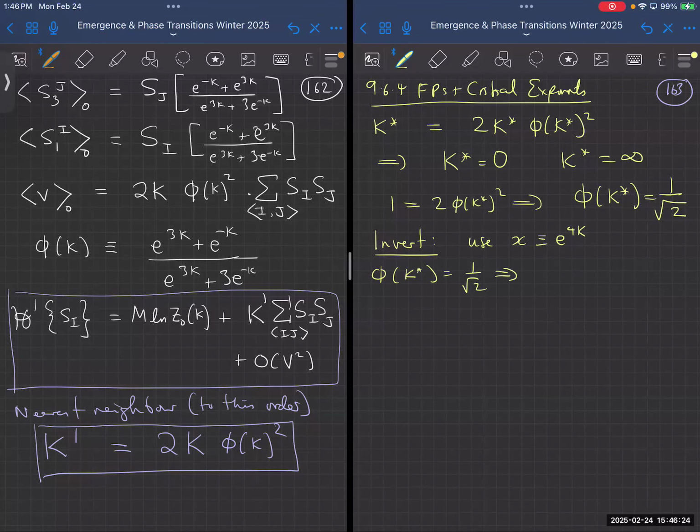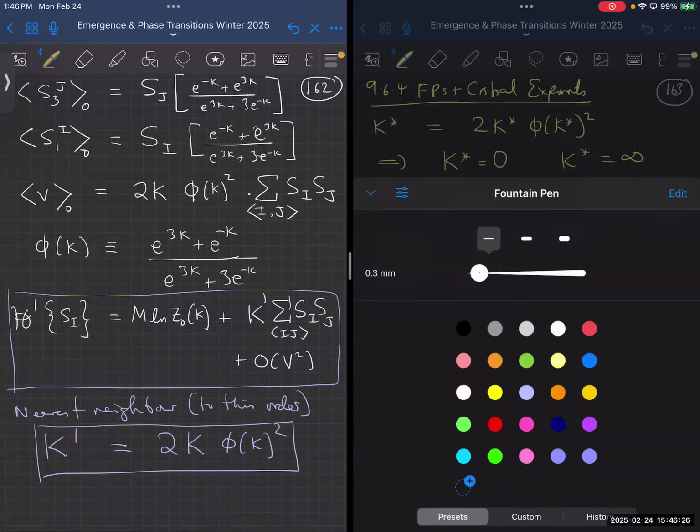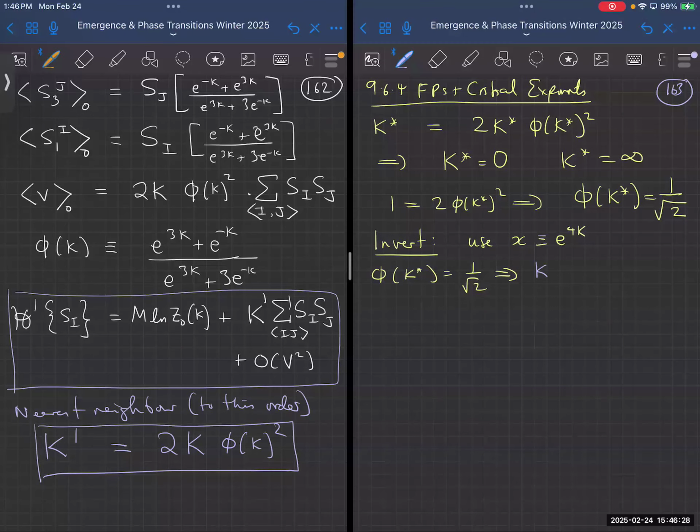That implies that the corresponding k value is equal to 1/4 times the logarithm of 1 plus 2 root 2. Okay, you can check that. And that is a number that's about 0.34, something like that. Okay, so that is the critical K value.